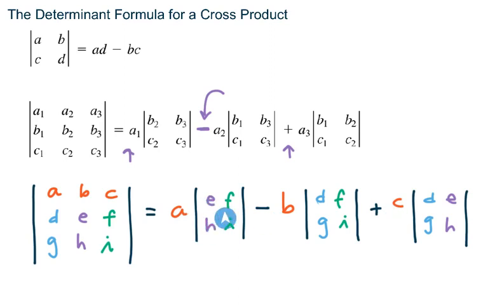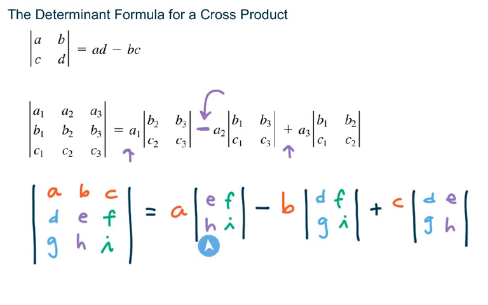Then we choose those 2 by 2 matrices from the pieces that are not under that leading coefficient. Make sure you've got a good handle on how we're setting this up because we're going to use this formula a lot. Pause the video if you think that would be helpful.